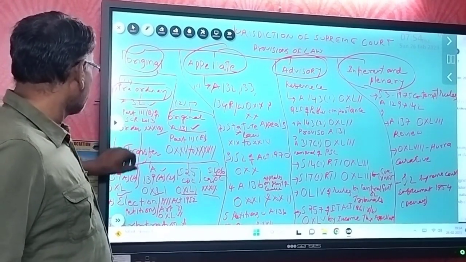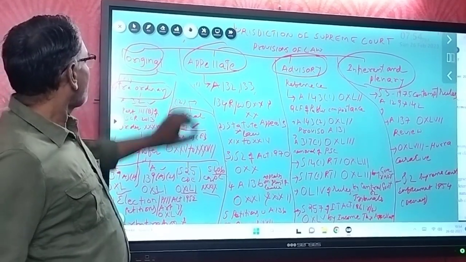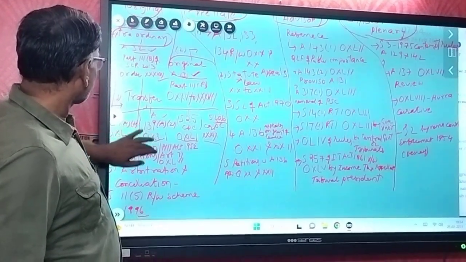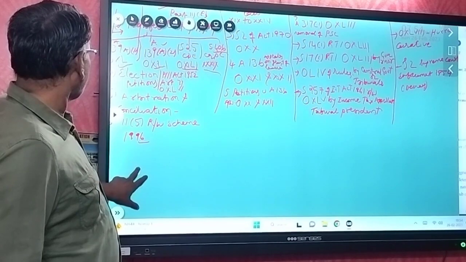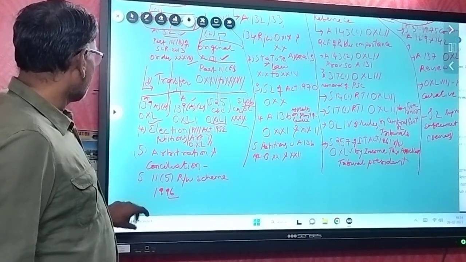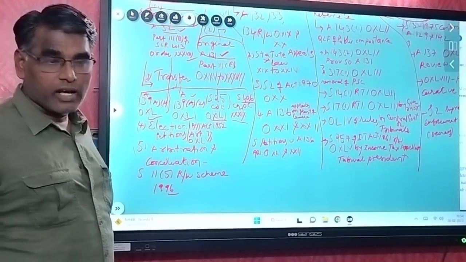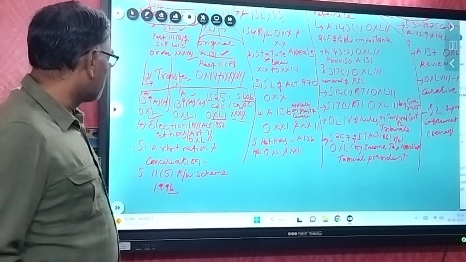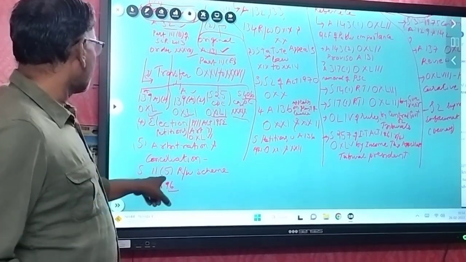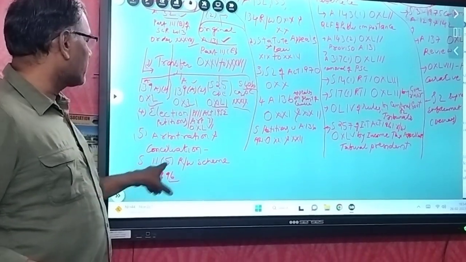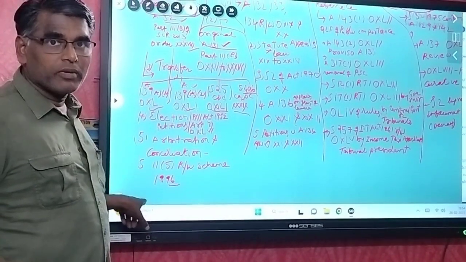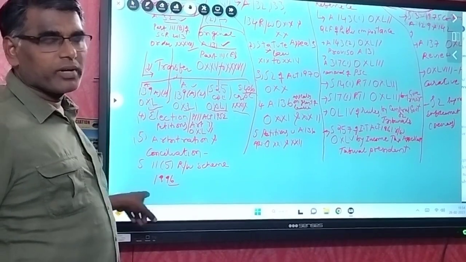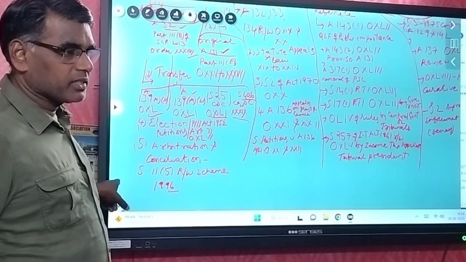Another one is arbitration. Under the Arbitration and Conciliation Act, there is a scheme called the Appointment of Arbitrators by the Chief Justice of India scheme. Under this scheme, Section 11(5), the Chief Justice of India can appoint arbitrators in arbitration disputes.